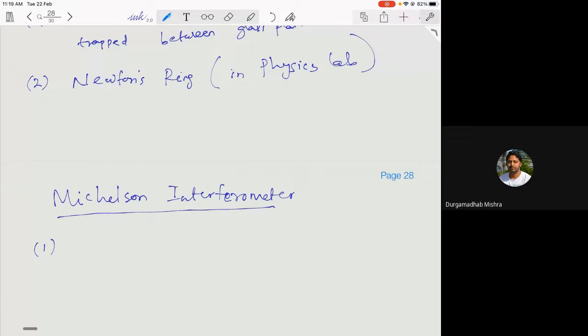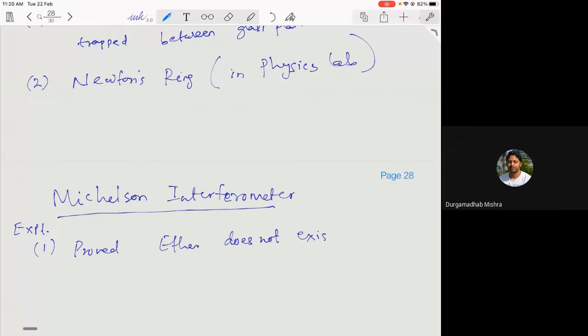This interferometer was developed by Michelson, and he performed one experiment together with Morley, the Michelson-Morley experiment, which led to proving that ether doesn't exist. So the first experiment, using this Michelson interferometer, proved that ether doesn't exist.